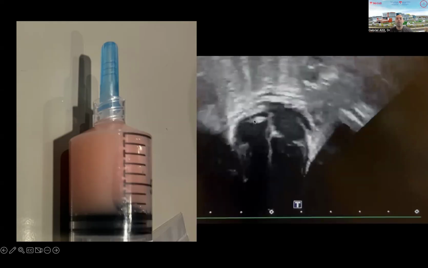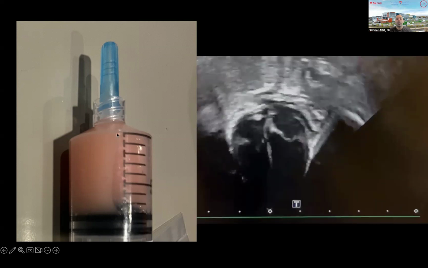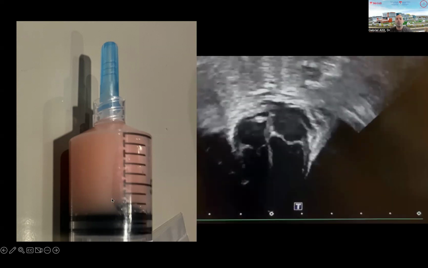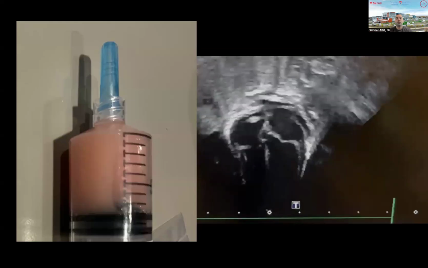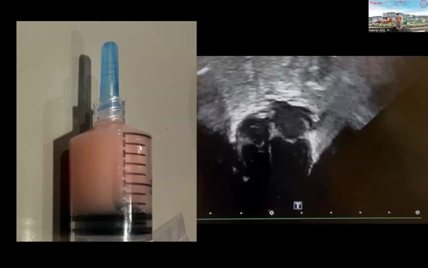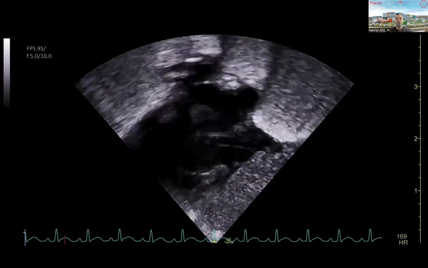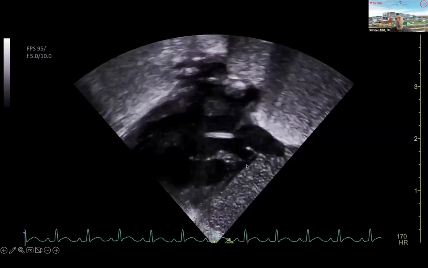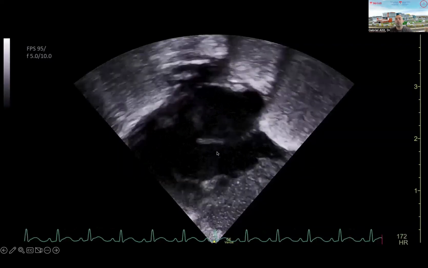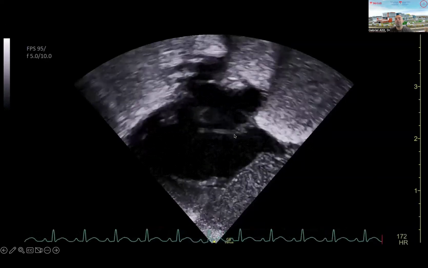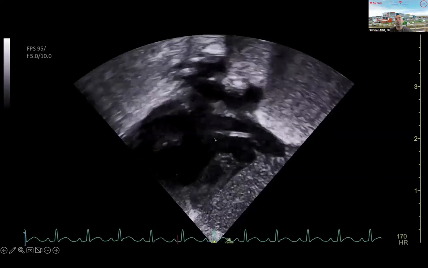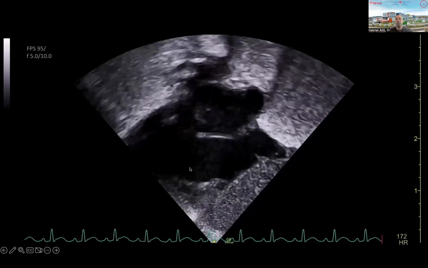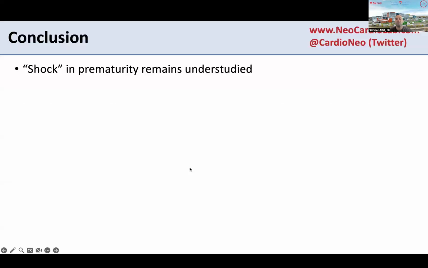You can see even the PICC line in the right atrium and the fluid that was tapped in a patient that was decompensating in the first few days of life, secondary to PICC line infiltration. You can also use the opportunity to see your PICC line or your UVL entering the right atrium using this subcostal sweep.